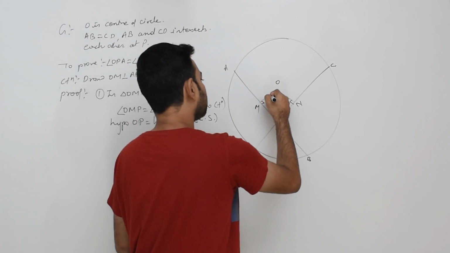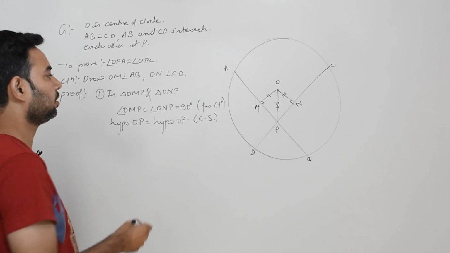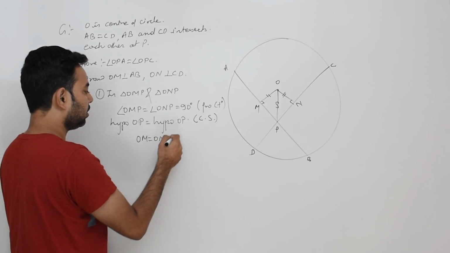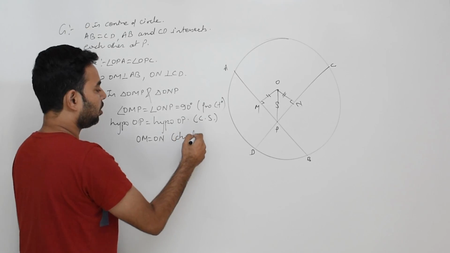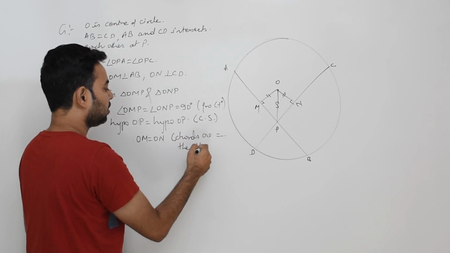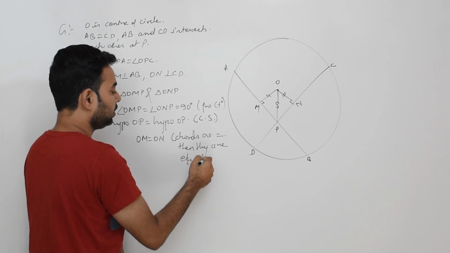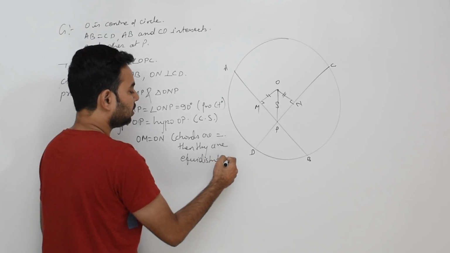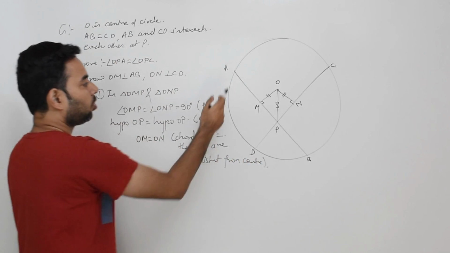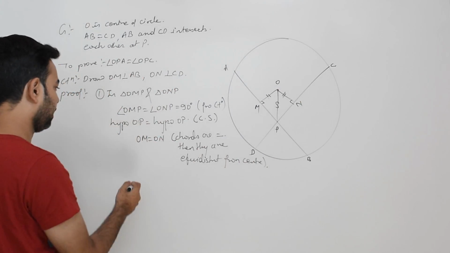Then we know that OM equals ON, because if chords are equal, then they are equidistant from the center.